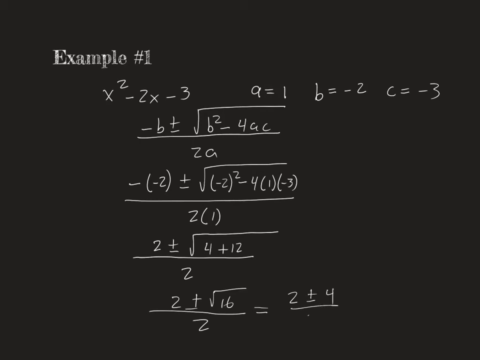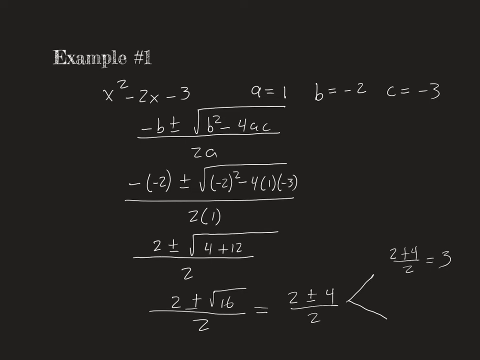Now I'm going to split it into two cases. The first one is with a positive, so 2 plus 4 over 2, which is 6 over 2, which is equal to 3.